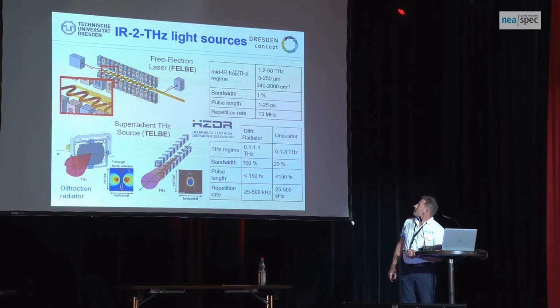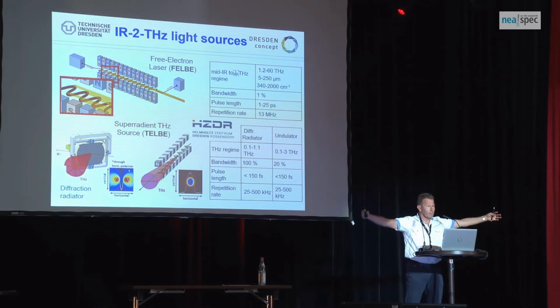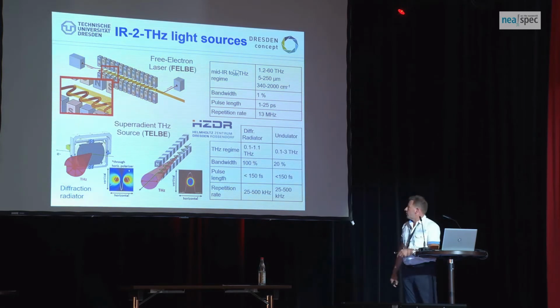Also different is the bandwidth. This one has a very narrow bandwidth, from 1%, so we can scan narrowly and do spectral scanning, which means probing the full dispersion relations, while this one can be tuned between 20 and 100% in bandwidth, so either you go for full excitation, full bandwidth, or even narrow ones.